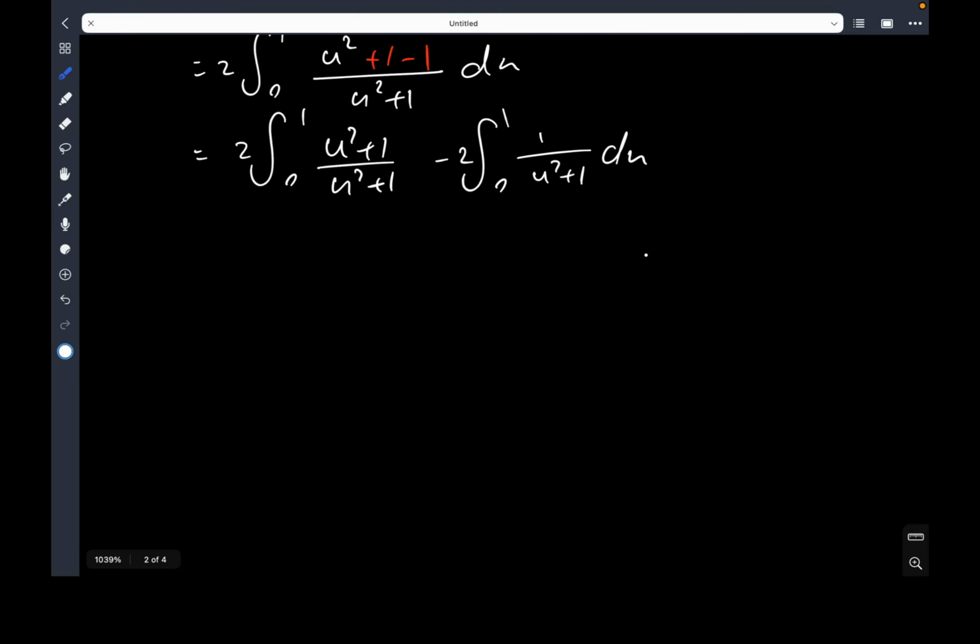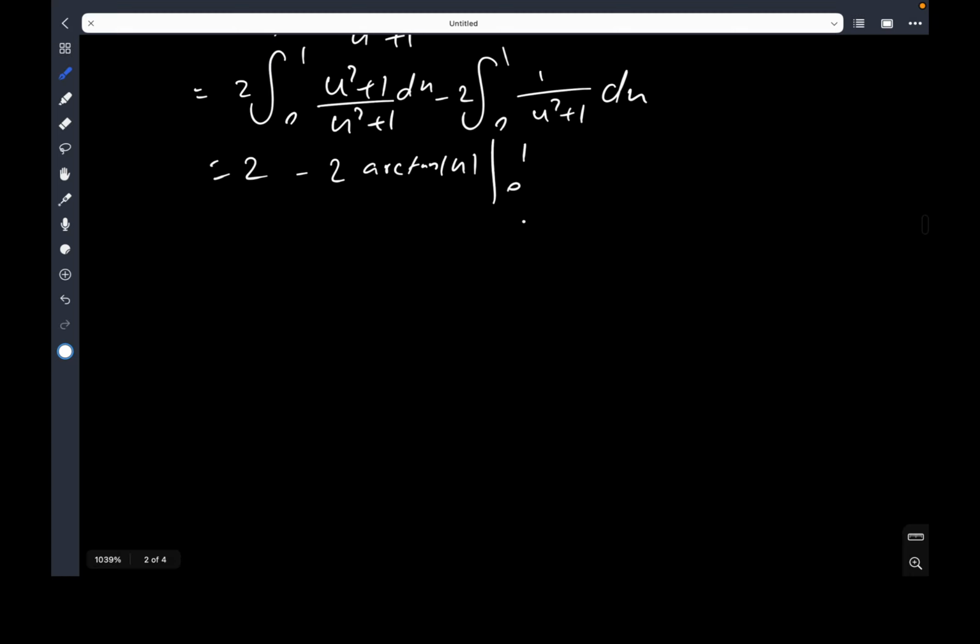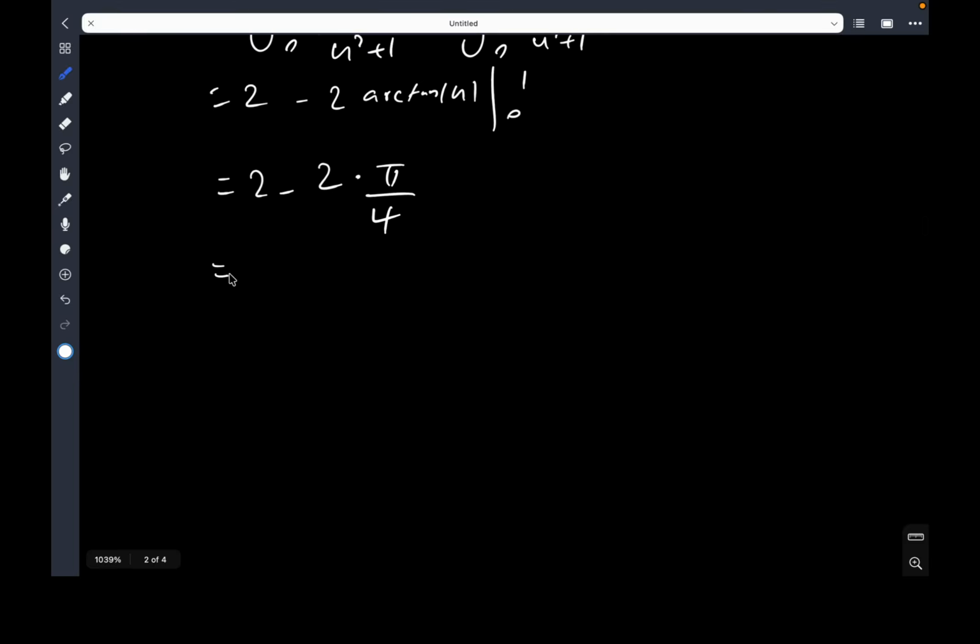So this is going to go down to 1, so it's going to be 2 minus 2 arc tan of u, since the integral of this is arc tan, from 0 to 1, which is 2 minus 2 arc tan of 1, which is pi over 4, and we're going to get 2 minus pi over 2, which is our I prime of 1.